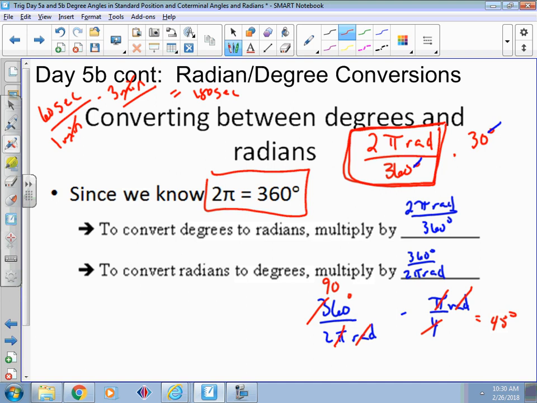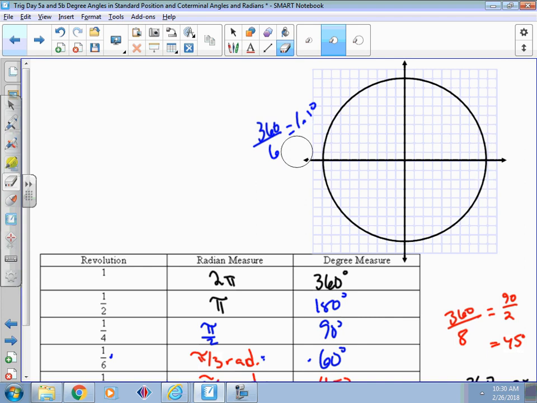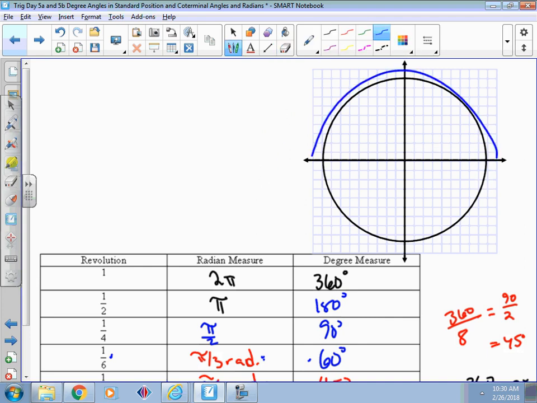So maybe you've noticed that this reduces. Hey, 2 pi radians over 360, like I can reduce those. That would be pi radians over 180 degrees. Same thing here. This reduces to 180 degrees over pi radians. Oh, well that's true too, right? We know that, okay, for every full circle, that's 360 degrees, or 2 pi. So half of a circle is 180 degrees, or it's 1 single pi.